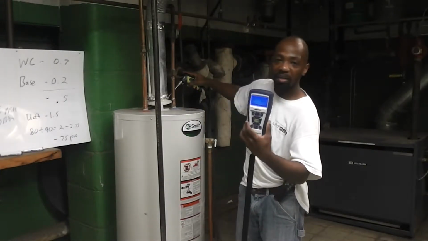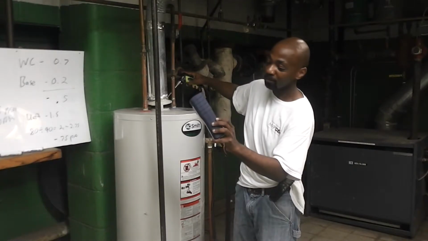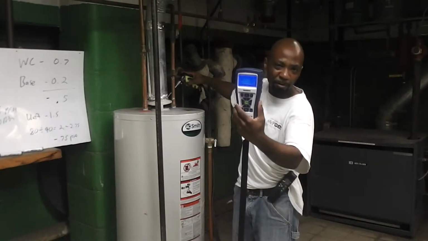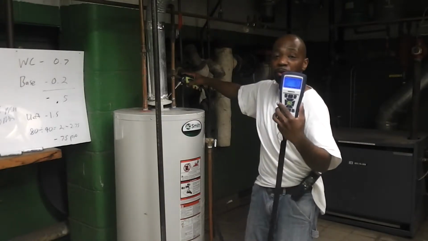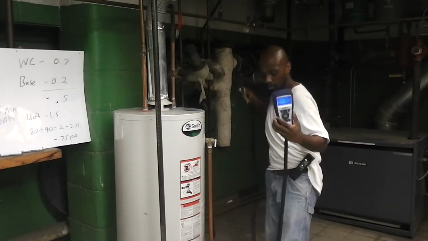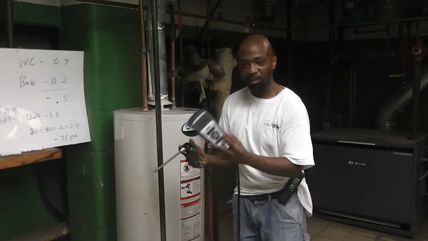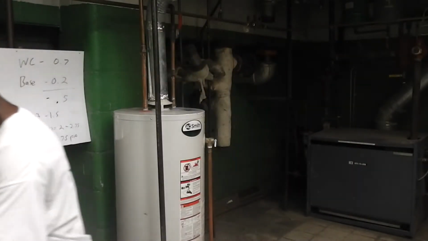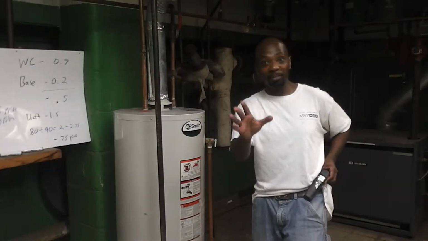Alright, once again, I want to get a good reading and see how much undiluted CO this thing's actually generating. So on this side, I got about 14, 15 parts per million. So I'm going to record these numbers. I'm going to turn this off. Save batteries. Still checking my ambient CO, just to be on the safe side, of course.